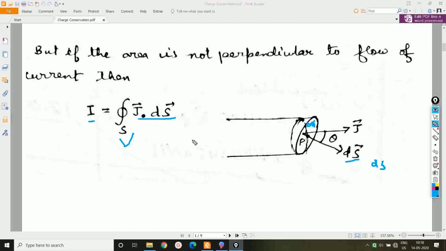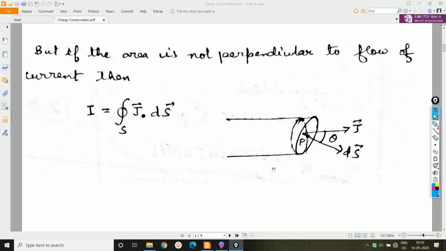But for a big surface you have to take the surface integral also. So this is how we will handle it if your current and the area vectors are not perpendicular to each other.